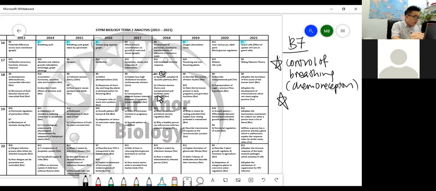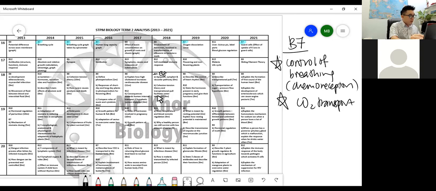Then they can ask you CO2 transport, transport of carbon dioxide. Oh, 7% dissolved. Then how many percent enter the red blood cell? Carbonic acid, chloride shift, that is CO2 transport.